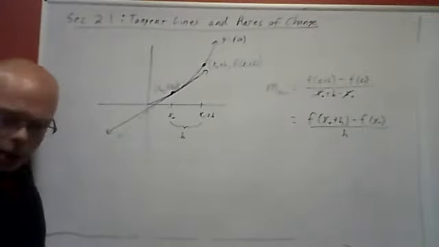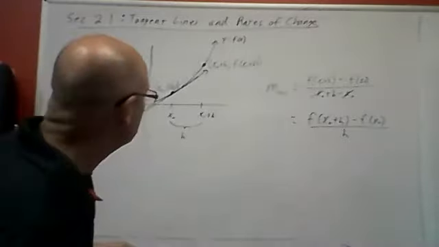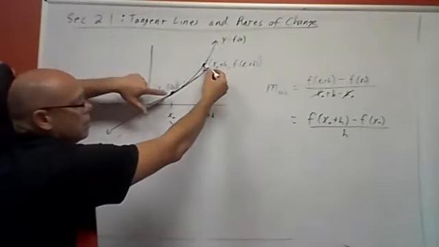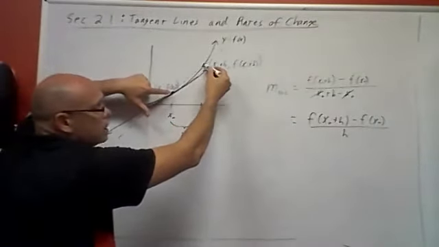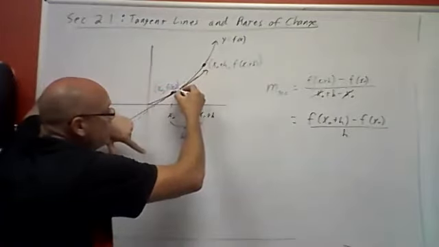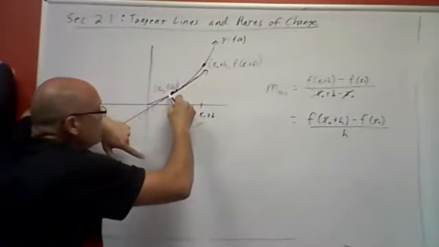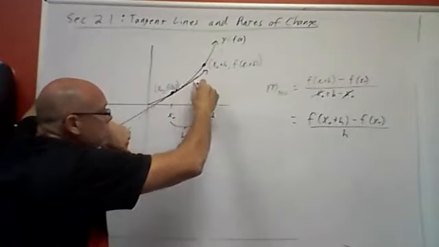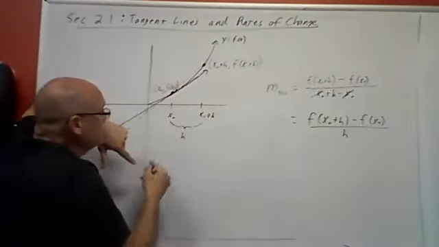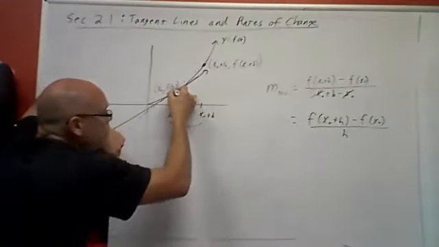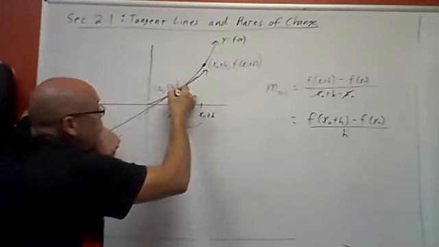But what happens if instead of calculating the slope of the secant line here, I calculate the slope of the secant line between this point and a point right here? Doesn't that secant line get closer to my tangent line value? What happens if I move real close to that original point?